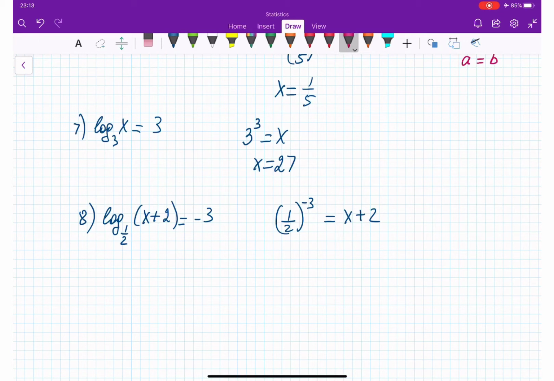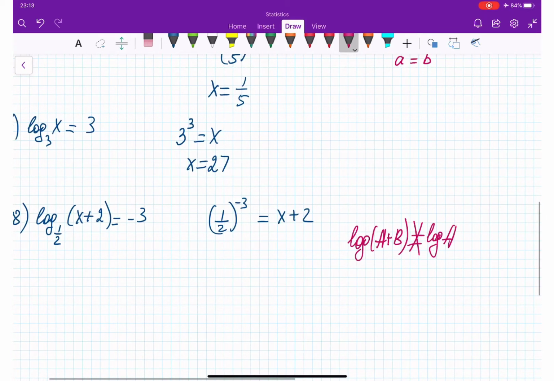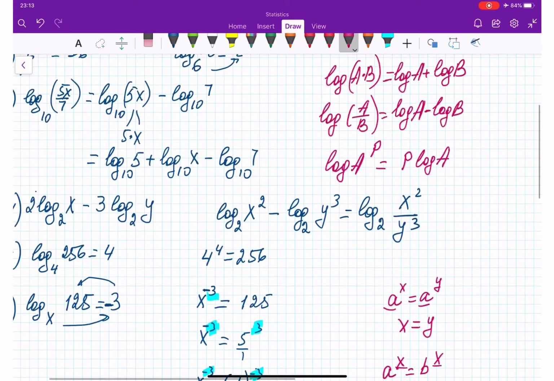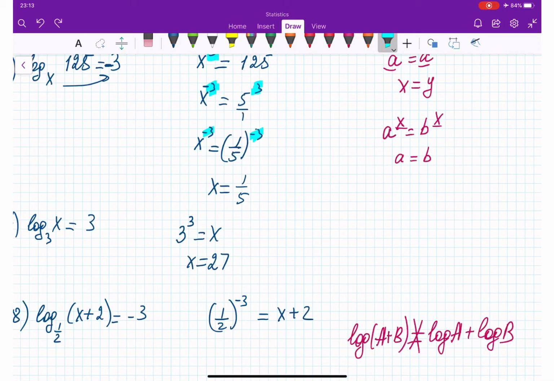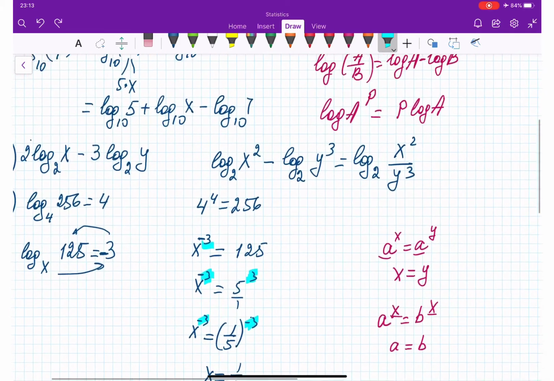One thing you need to know: if you have logarithm of a plus b, you can never write down log a plus log b. You cannot do that. You can only convert into a sum if you have a product. Only a product you can convert into addition. Okay?